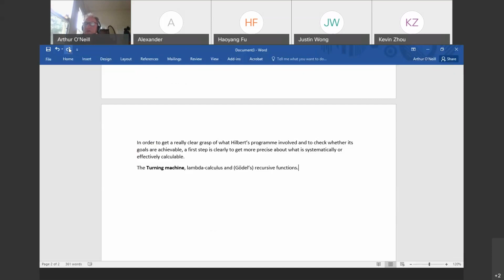Well, it turned out they could disprove it, but the first thing to do was to get quite clear on what the program was. So Hilbert was saying, well, we want a human to be able to check that a purported axiom really is an axiom, and to be able to produce any axiom they want eventually.